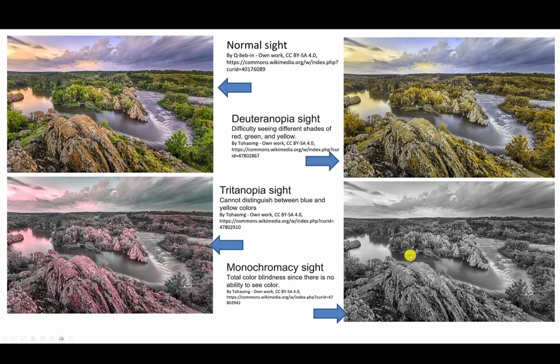And here they are losing all 3 different types of colors, so they will see just shades of black and white. You don't need to know the details of those conditions. Just understand that color blindness is because of the absence of those cones.